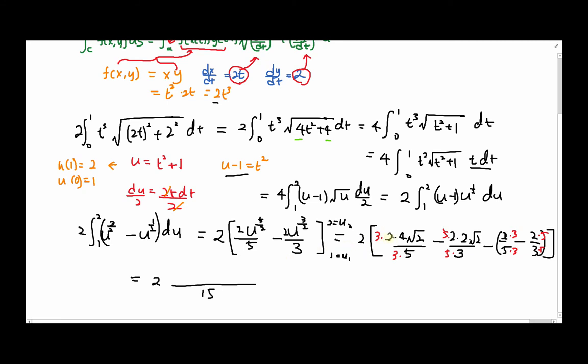Okay, 6 times 4, 24 radical 2. 10, 20, 20 times radical 2. 6. Okay, don't forget to have plus 10, because notice that minus here will cancel out, so I have a plus 10.